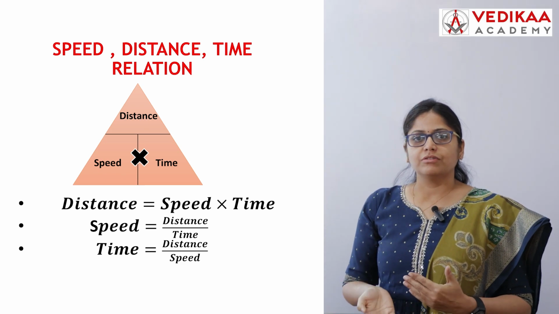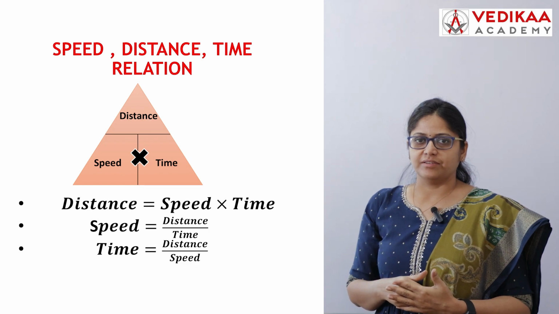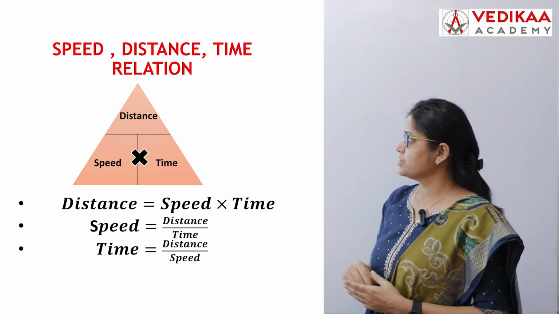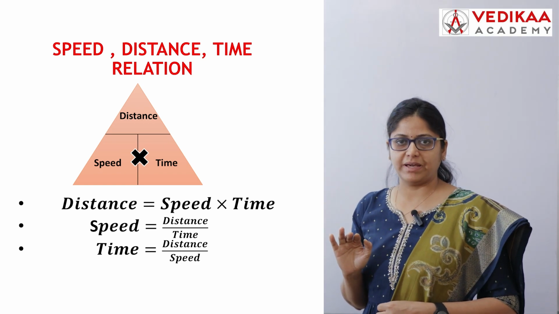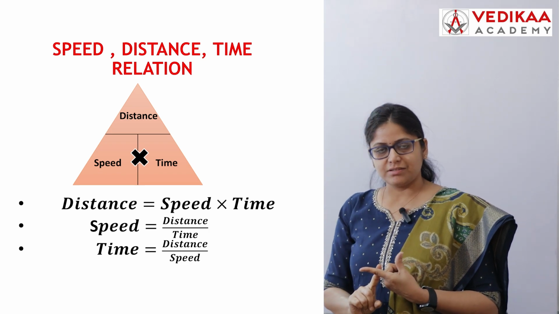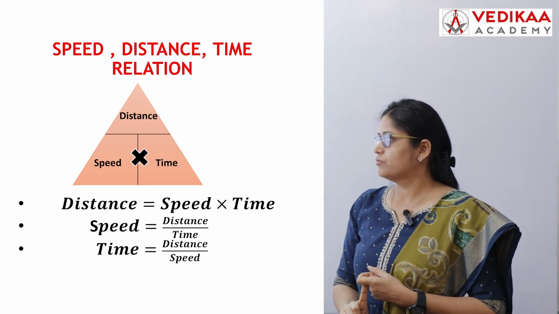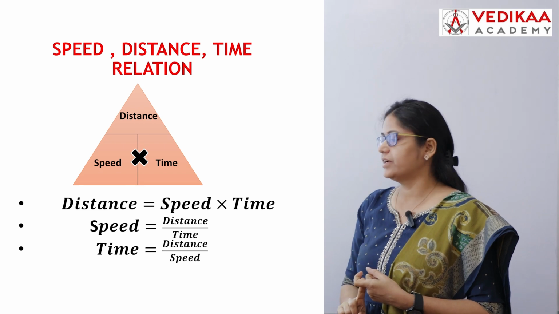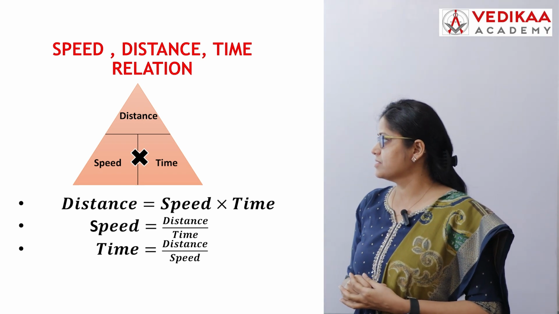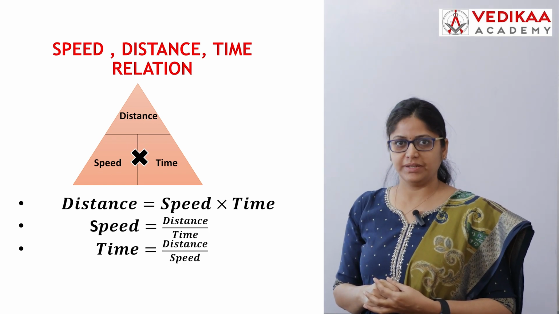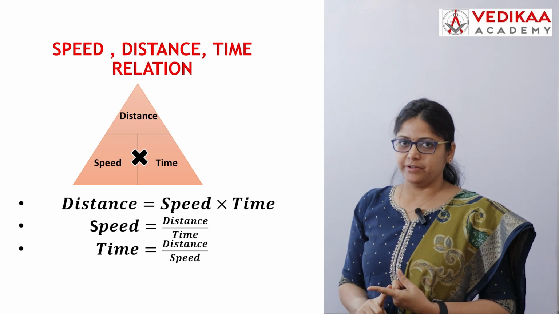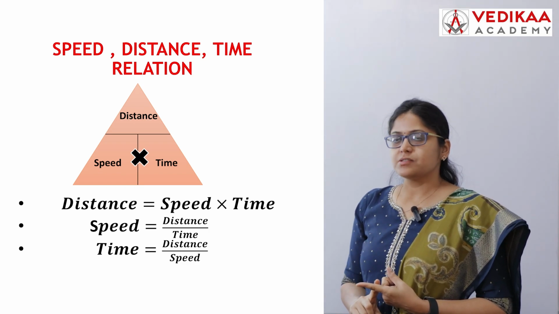So how to calculate the formulas from this triangle, right? If you want to calculate the distance, you have to just hide that particular parameter. For calculating distance you hide the distance parameter. What are you getting? You are getting speed into time. So directly you are getting the formula, that is distance is equal to speed into time, right? Second one, if you find out the speed, then you have to hide the speed parameter.